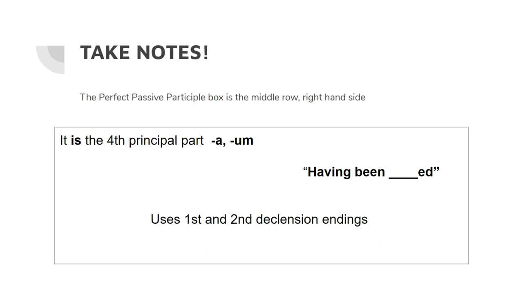We know first declension is A, AE, AE, AM, long A. Second declension, US, I, O, UM, or if it's neuter, UM, I, etc. The translation here is going to be having been blanked, having been blanked. And yeah, that's the one that you learned first. I often call that the three-word formula, having been blanked. All right. Again, you can always pause if you need to.